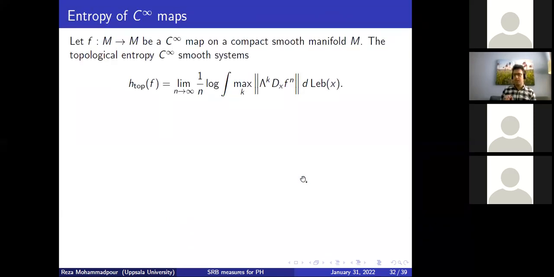Let us see a nice corollary of the previous theorem. Let f be a C-infinity map on a compact smooth manifold M to itself. Then the topological entropy of the C-infinity smooth system is given by the limit of 1 over n log of the integral of the max norm of the wedge product of the derivative of f^n at point x, d Lebesgue x, as n goes to infinity.